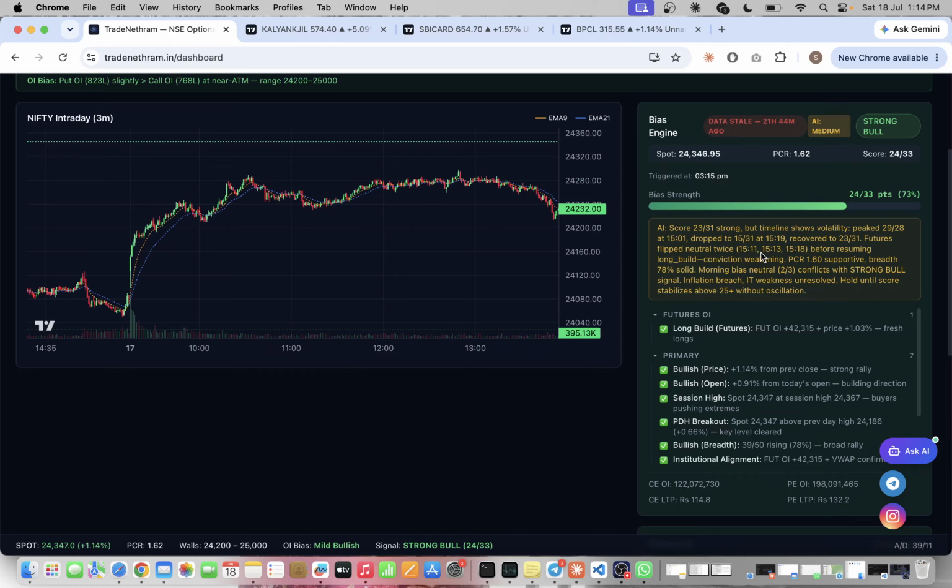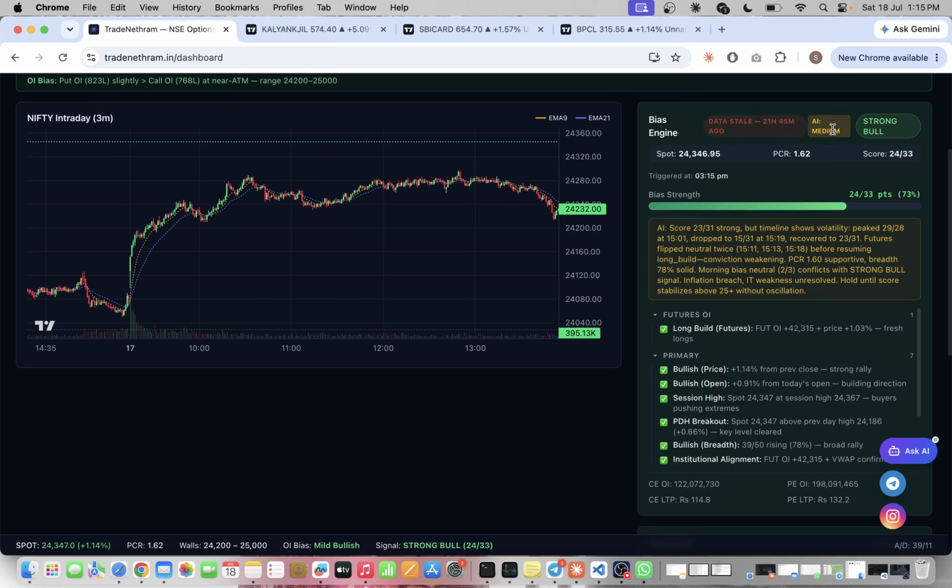Is the latest OI data still supporting that, or did some call unwinding or put writing happen? All that data will be shown over here, with a detailed description of why it is confident. You can see the AI confidence is medium, high, or low, and why it is medium confident is because of the data you can see here.